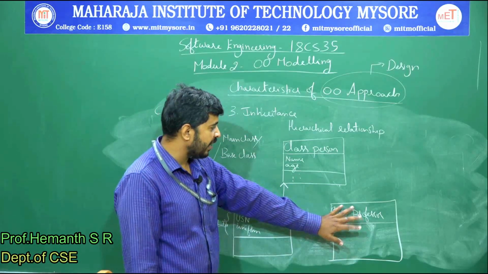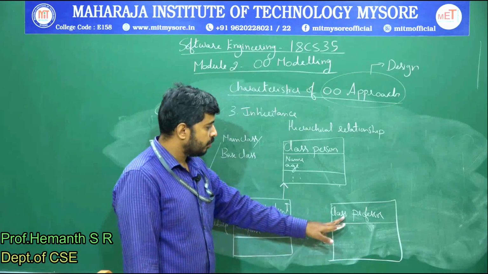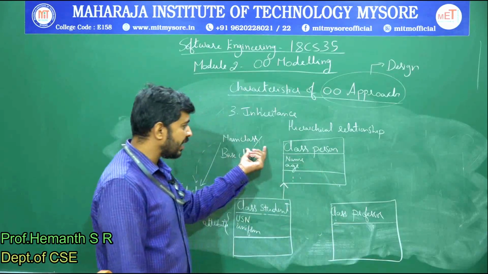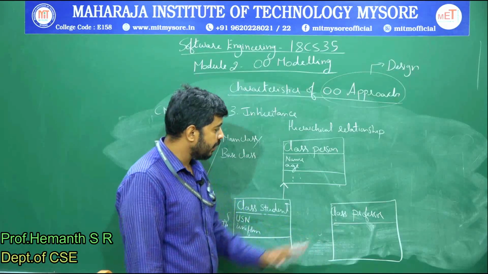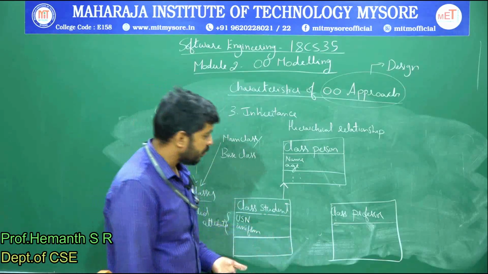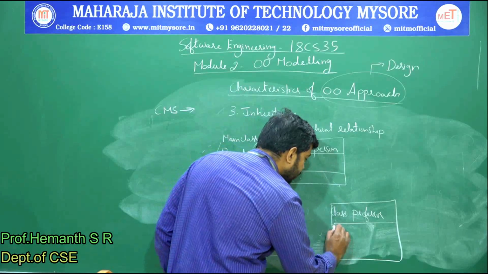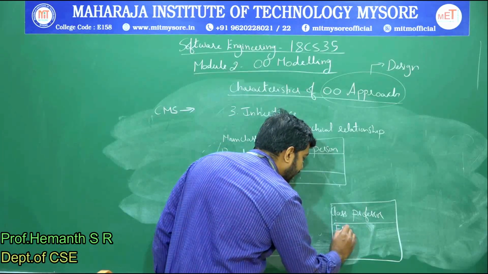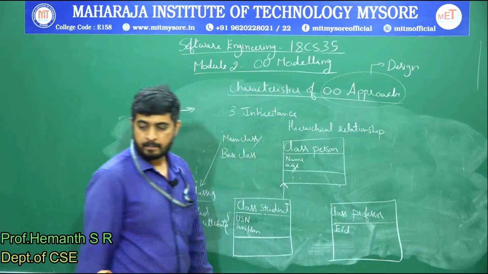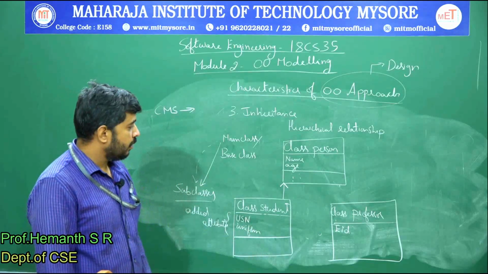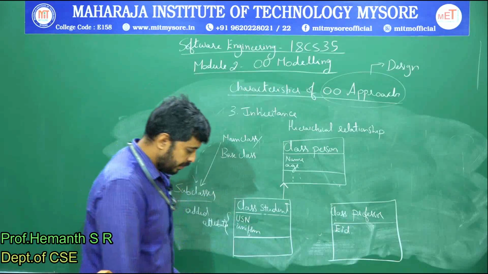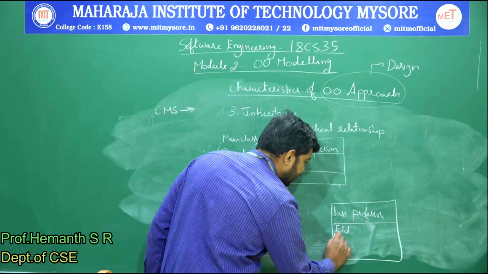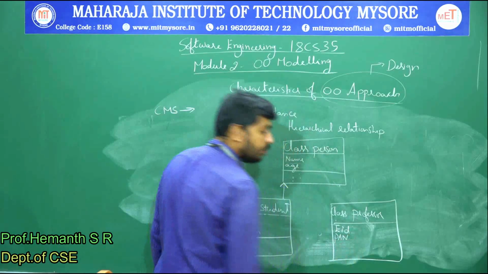A professor will have name, age, fine, but it has already been mentioned in the main class, so no need of writing it once again here. Some things that are unique to a professor, maybe you will have an employee ID, I'll write it as EID. Since professors will be paid a salary, they need to pay income tax, so obviously they will have a PAN number.